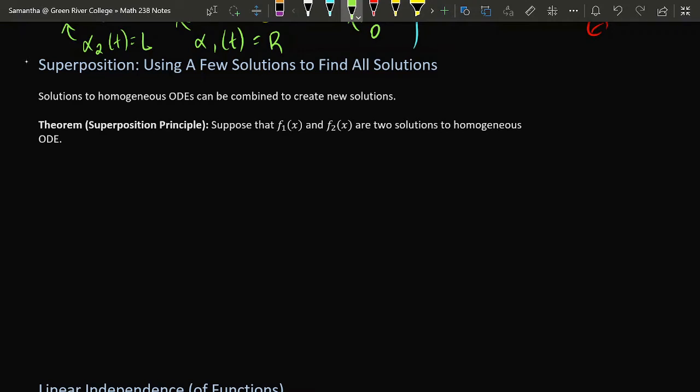Suppose that you have two solutions to a homogeneous ODE. Let's just call them f1 and f2.